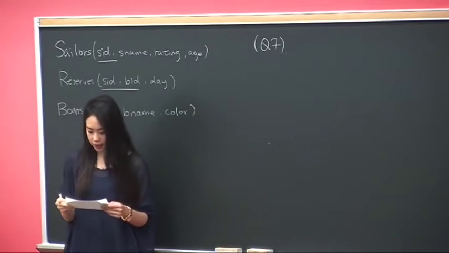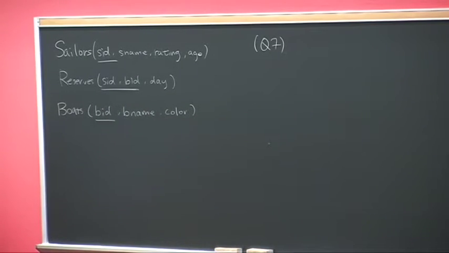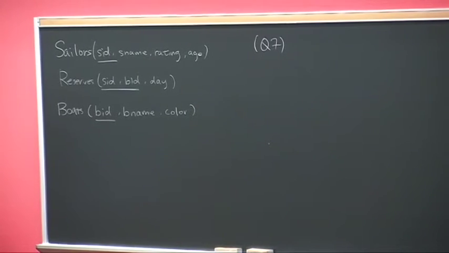Find the names of sailors who have reserved at least 2 boats. Any thoughts? Remember last time, we were thinking about finding the sailors' names who have reserved at least 1 boat.